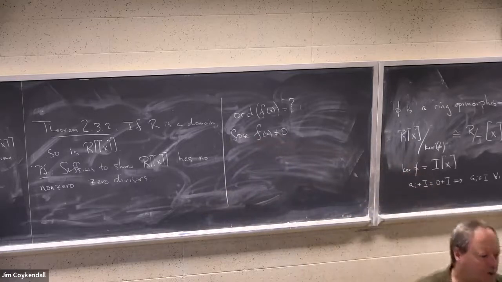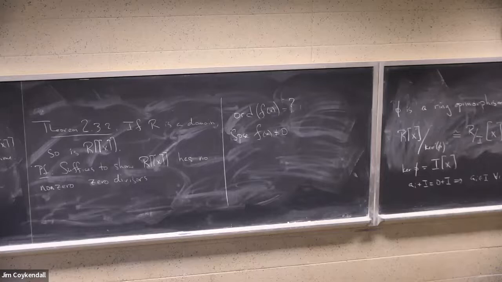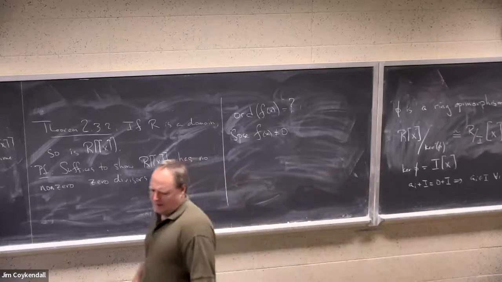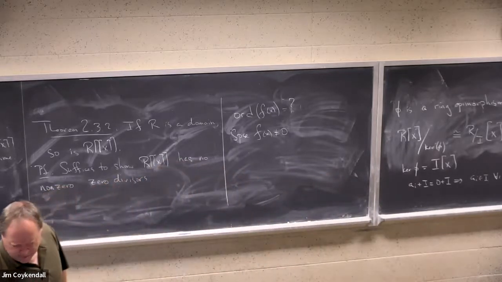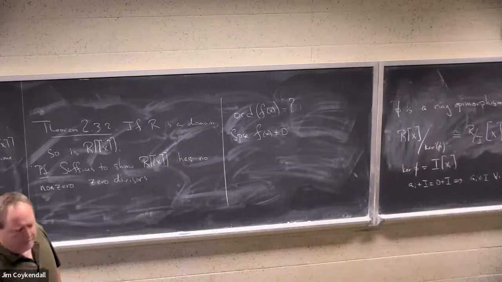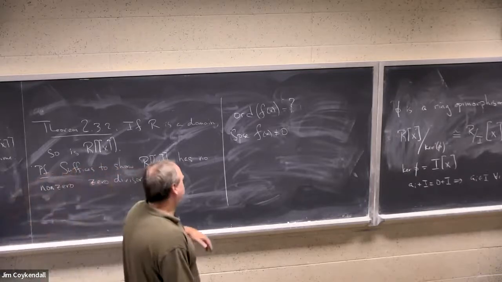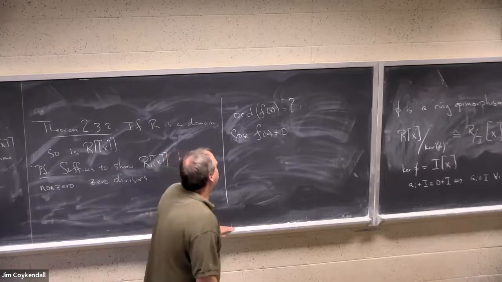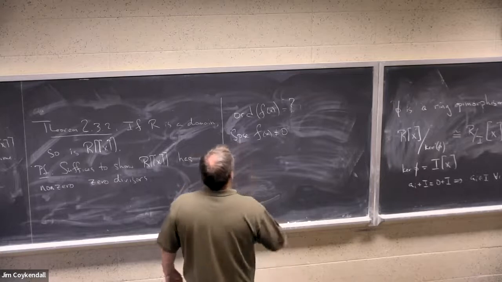Just like you have to make some concessions when discussing the degree of the zero polynomial, we also have to make concessions when discussing the ord of f. For power series, I'm going to assume that f is not zero here. But just like with degree, I think you can define the order of the zero series as infinity, but we'll see.